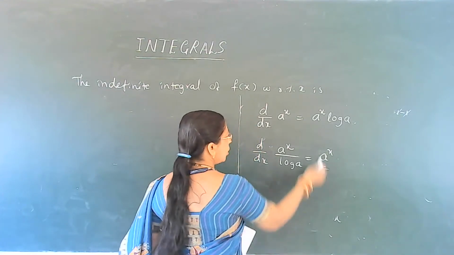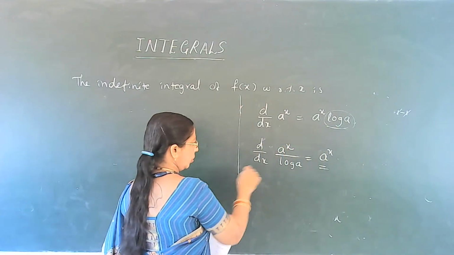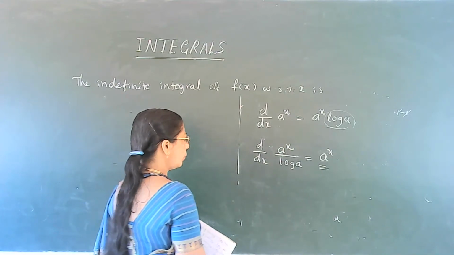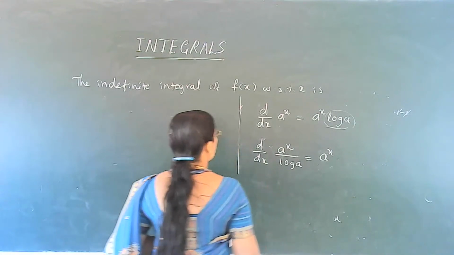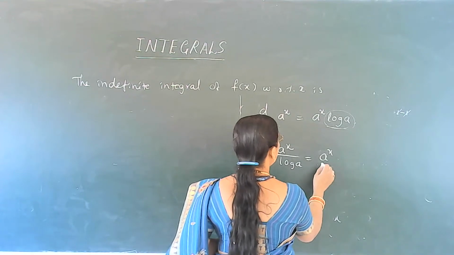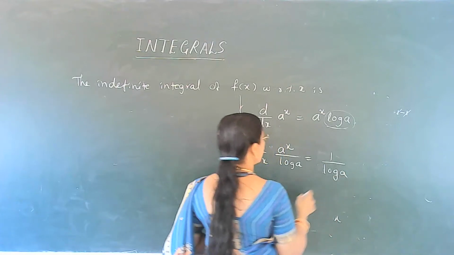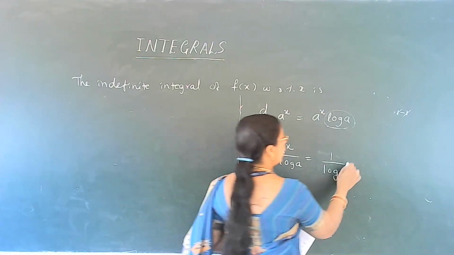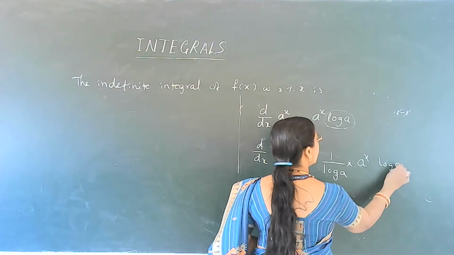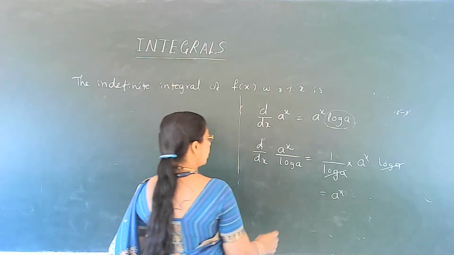Therefore, to integrate it, we take the log on this side, then write 1 by log a. You can write this because d by dx of a to the power x is equal to a to the power x log a, and log of a is constant. 1 by log of a is constant, into a to the power x into log a, it just cancels. It is equal to a to the power x.